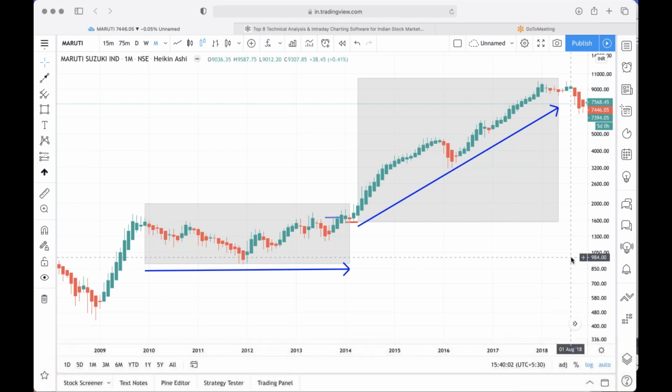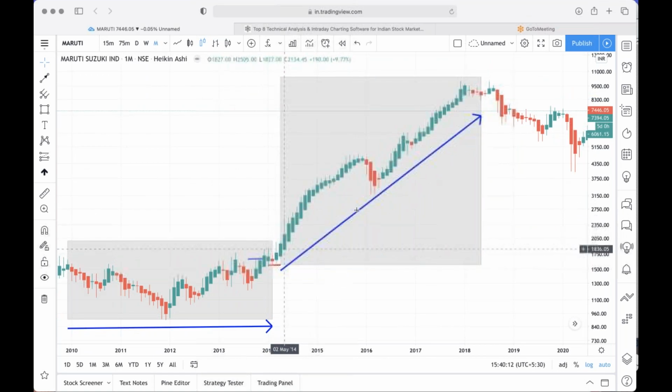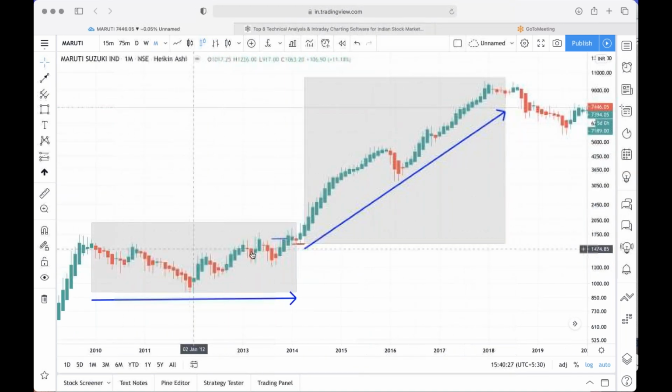So the critical differentiating factor is 2009 to 2013-14 was a range bound market, whereas 2014 till 2018 was a superbly trending market. And that is the reason why during 2014-18, this is the trending part, we got some amazing returns, and in the non-trending part, we did not get any returns at all.